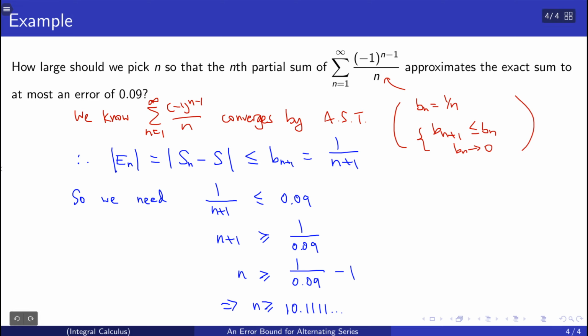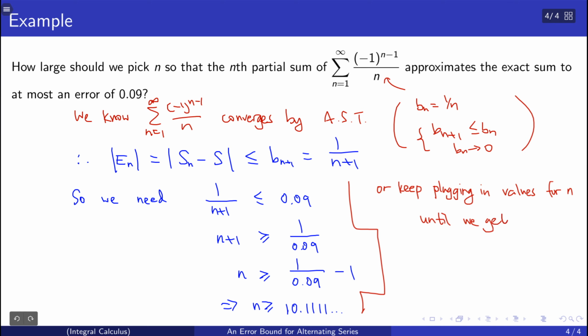Now, another way to do this is, you don't even have to solve for n in an inequality like this. Right? You can just keep plugging in n until we get some term to be smaller than or equal to the desired error.